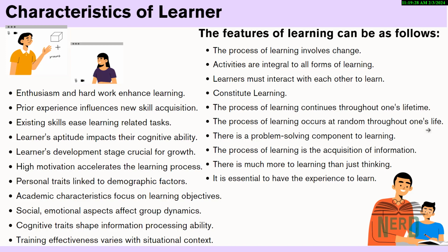Imagine a multiplayer game, where some players are leaders, others are supporters, and everyone has a different level of confidence in their gaming abilities. Right, then we have cognitive characteristics, which are about how the brain works, how we pay attention, remember things, and solve problems, right? This is like how different gamers use different strategies and have varying attention spans or reaction times, right?